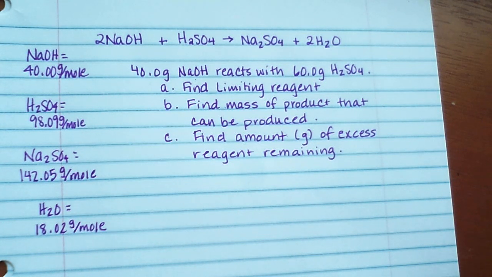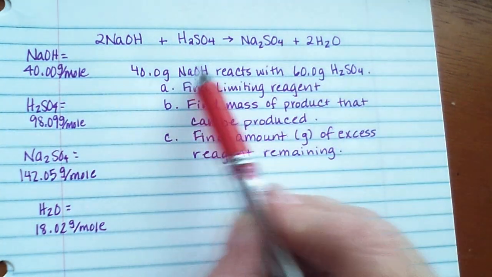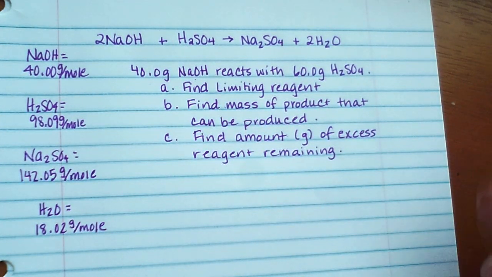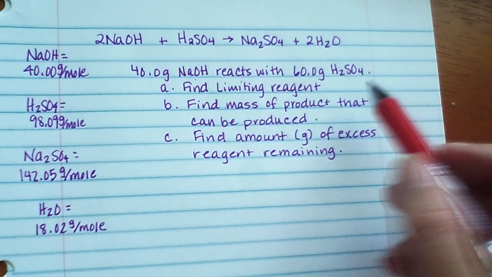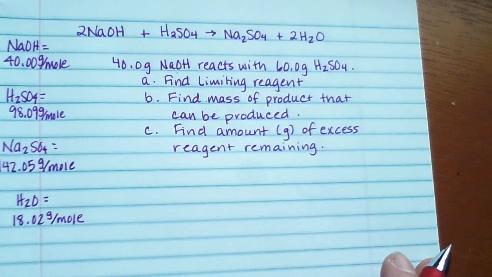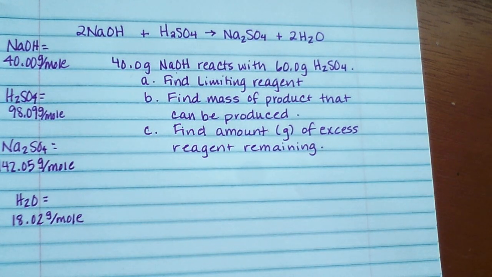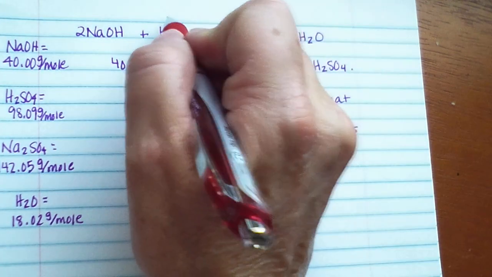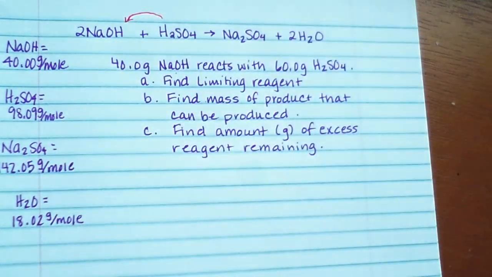The first thing we want to do is find the limiting reagent. You can pick either one, so let's start with the second one this time, 60 grams of sulfuric acid. I'm going to pick 60 grams of sulfuric acid and go to my sodium hydroxide.